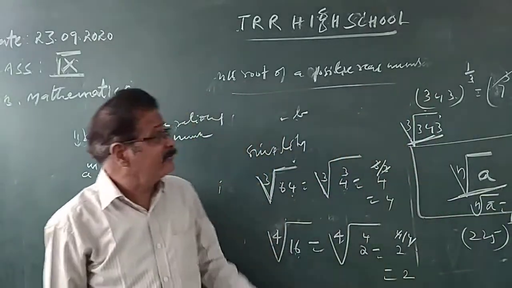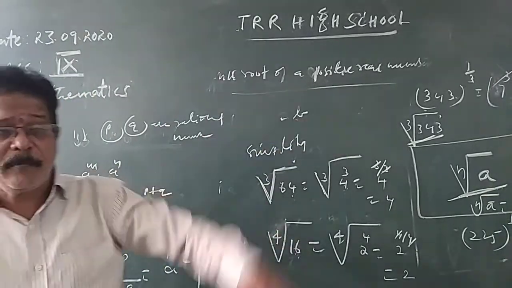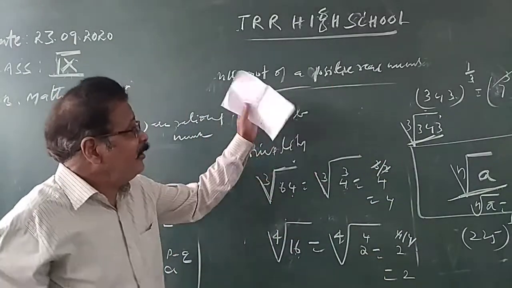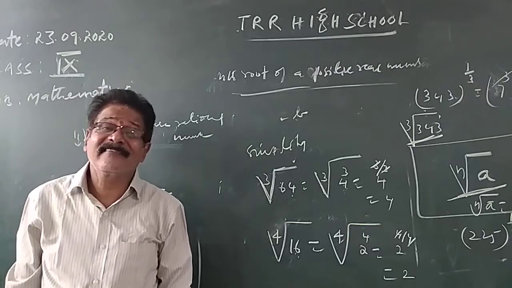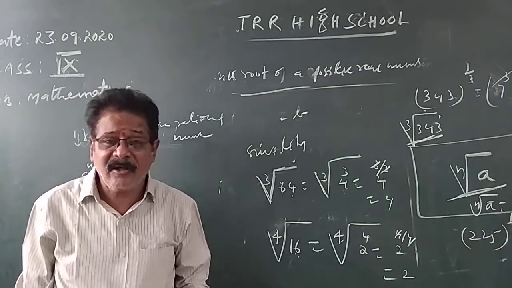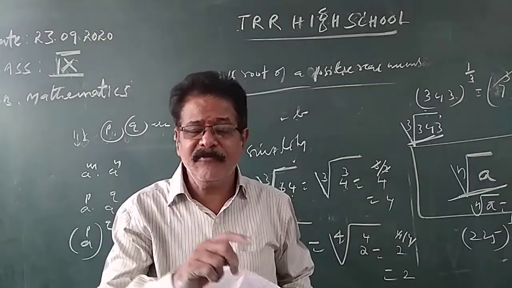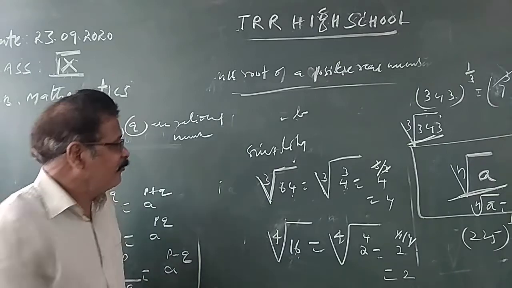The positive nth root of a positive real number is called a surd. Surd or irrational number is the same. So we can change radical forms into exponential form, and exponential forms into radical form.